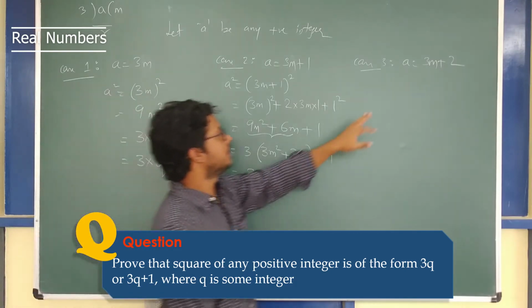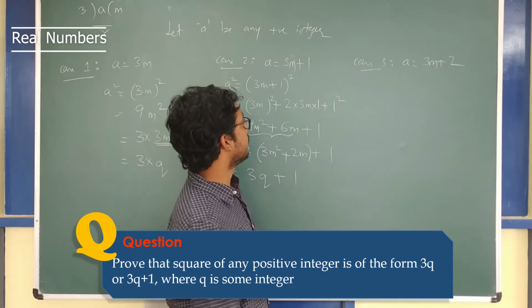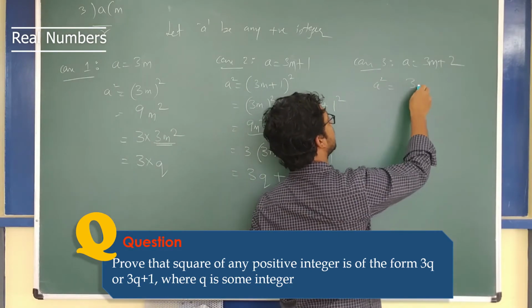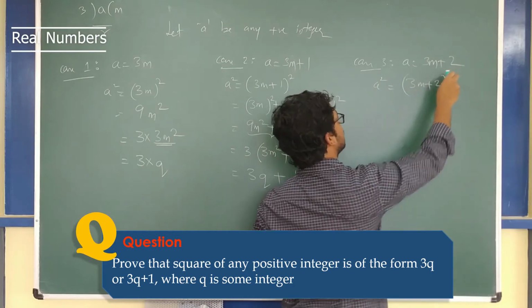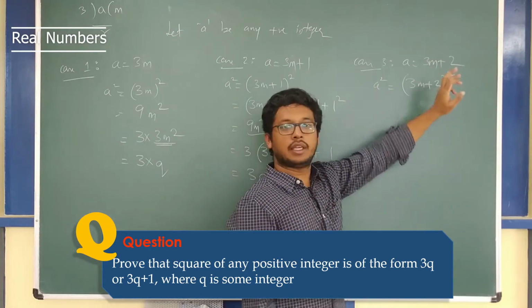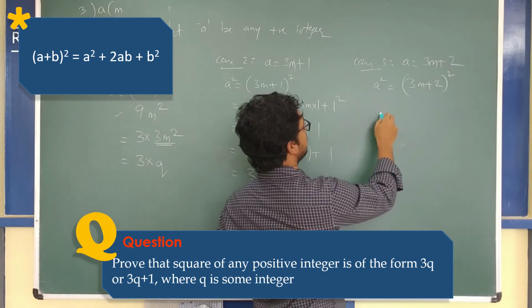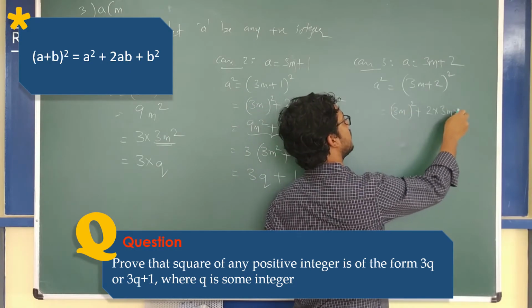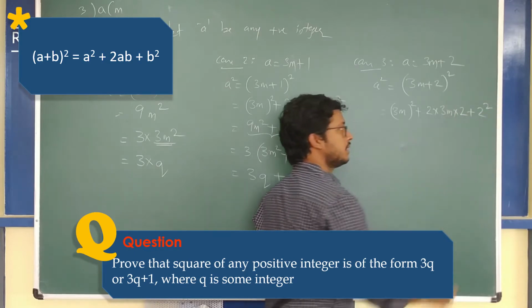Okay. Now this is a little tricky and interesting. So now let's square this one. When I square this, this again will be of the form 3m plus 2 whole square, which is of the form a plus b whole square. So this will be 3m whole square plus 2 into 3m into 2 plus 2 square.